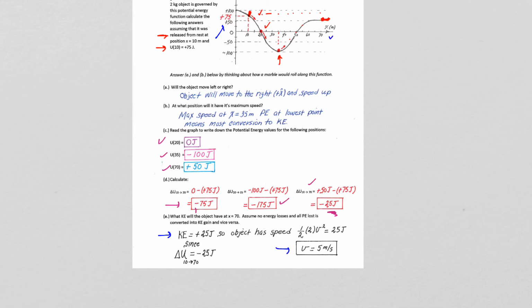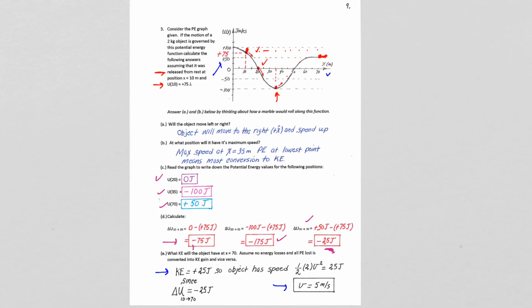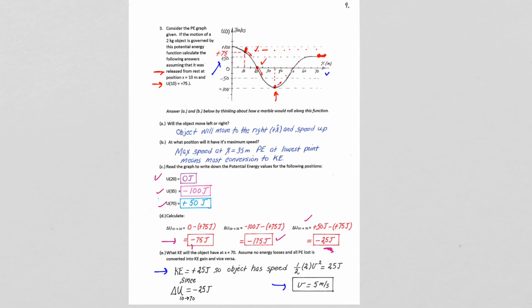So I hope that you see how our discussion and our analysis and the use of equations is all coming together in a really neat way to be able to use potential energy and kinetic energy to describe the motion of particles, and we're going to soon put it into a more formal description mathematically.